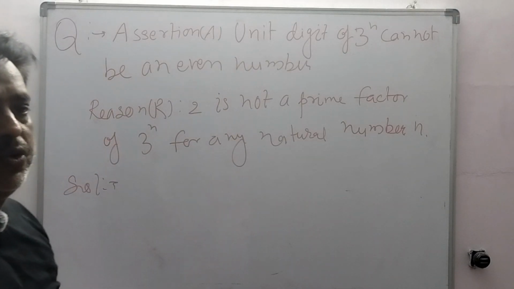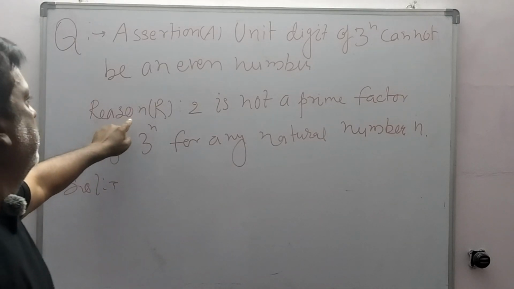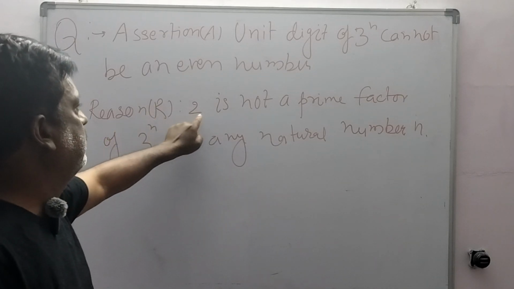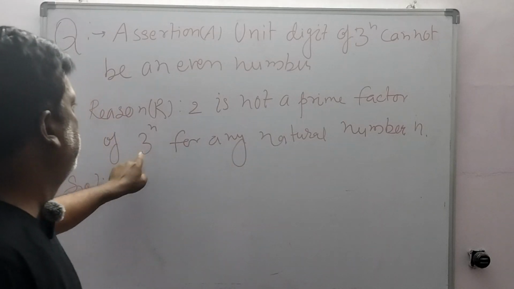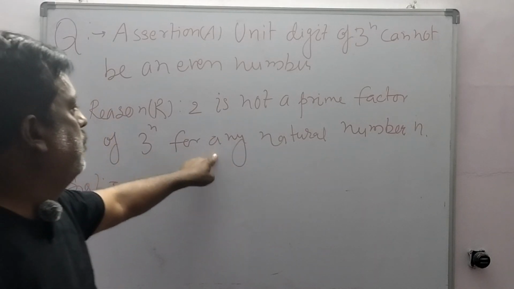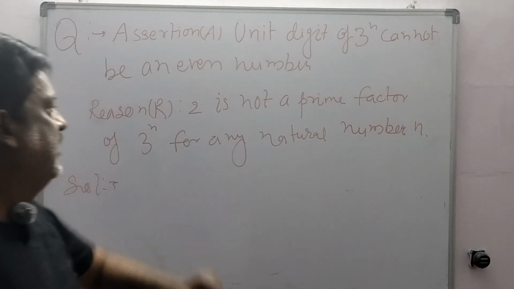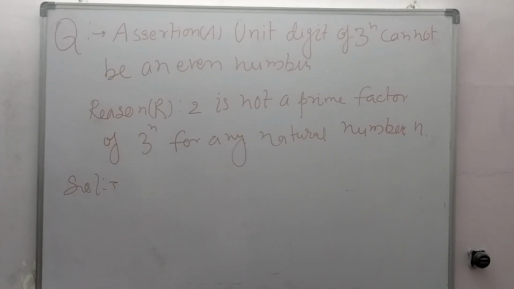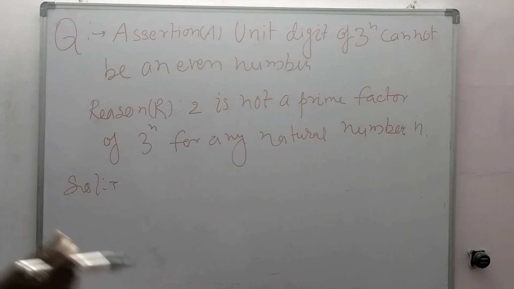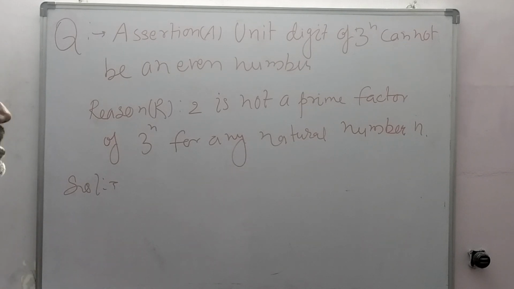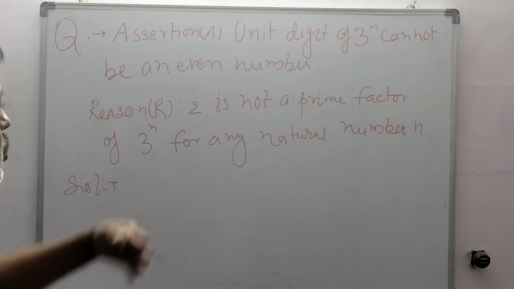Natural numbers mean 1, 2, 3, 4, 5, 6. Reason: 2 is not a prime factor of 3 to the power n for any natural number n. Any even number has prime factor 2, all even numbers are multiples of 2.